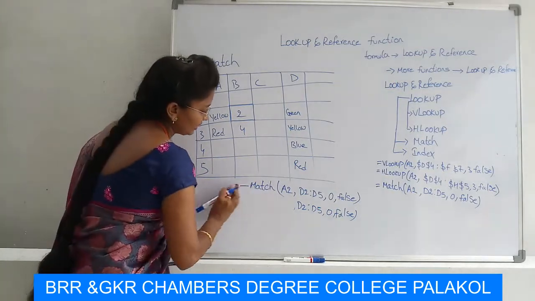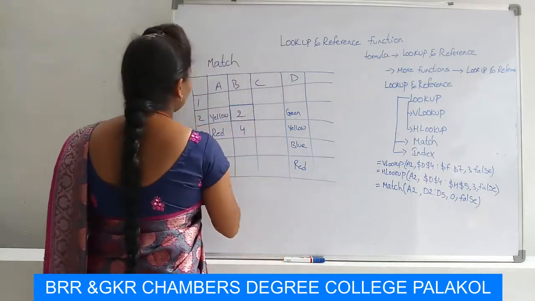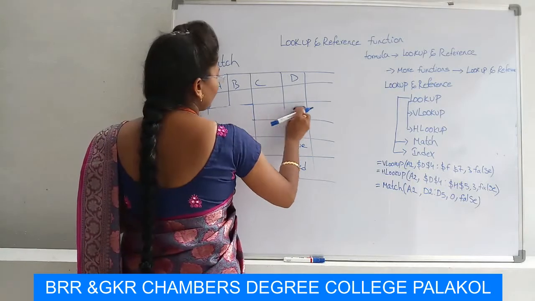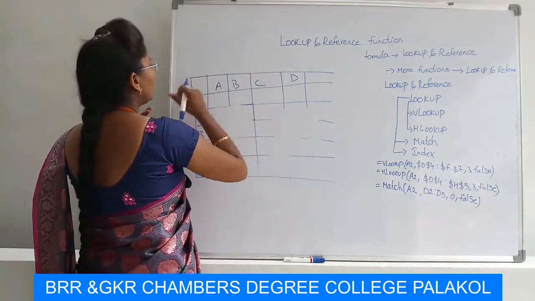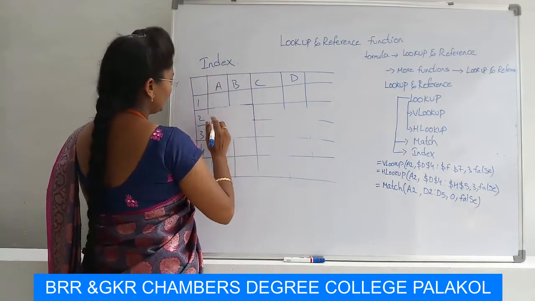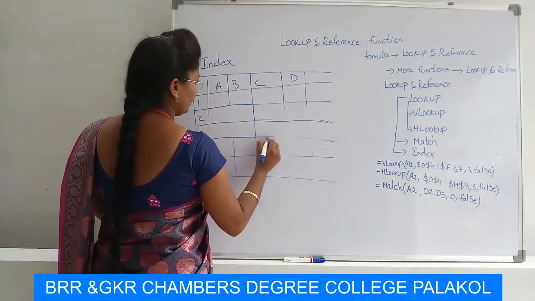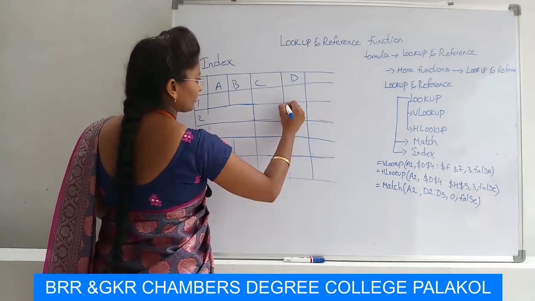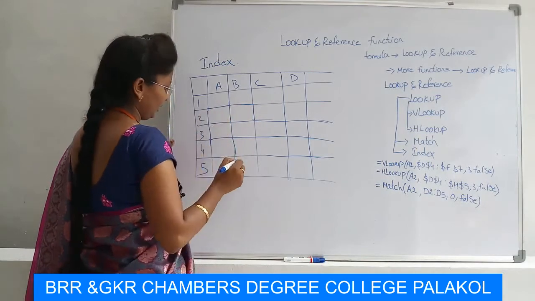And the next one is the MATCH INDEX function. This is the MATCH function, and the second one is the INDEX function. For that INDEX function also we have to take the data in the Excel sheet. I have to fill some data over here.